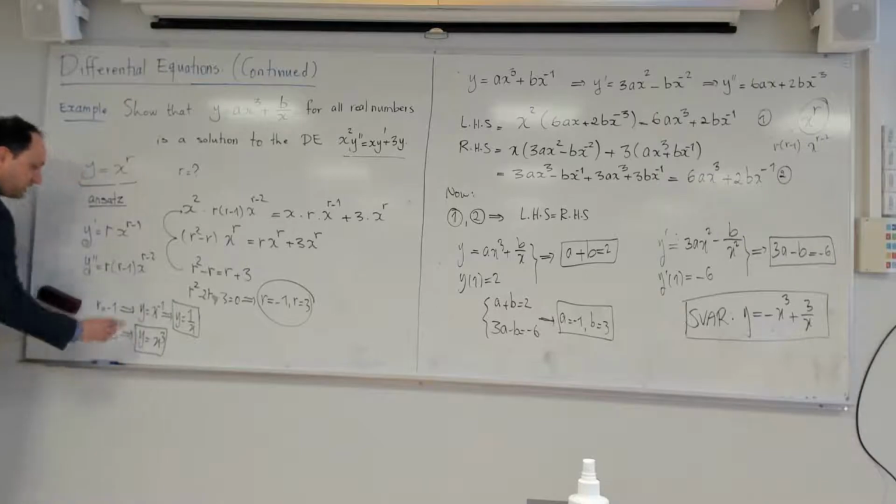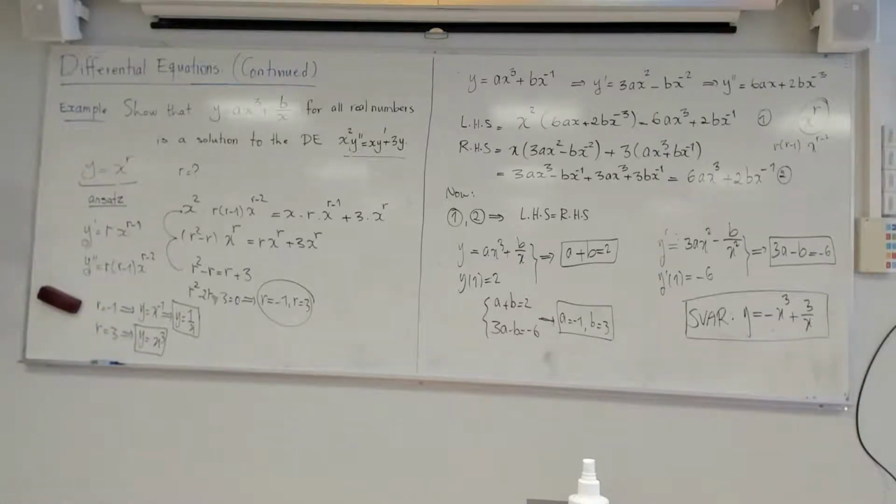So actually, by this method, is it possible for such a function to be a solution to the differential equation? Yes. How many choices of r do I have? 2 choices for r. One of them is 1 over x, and one of them is x to the power of 3.